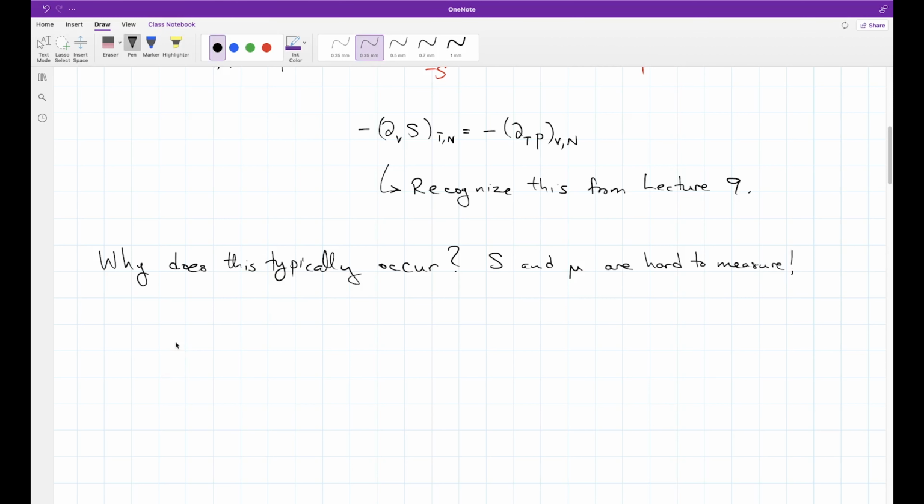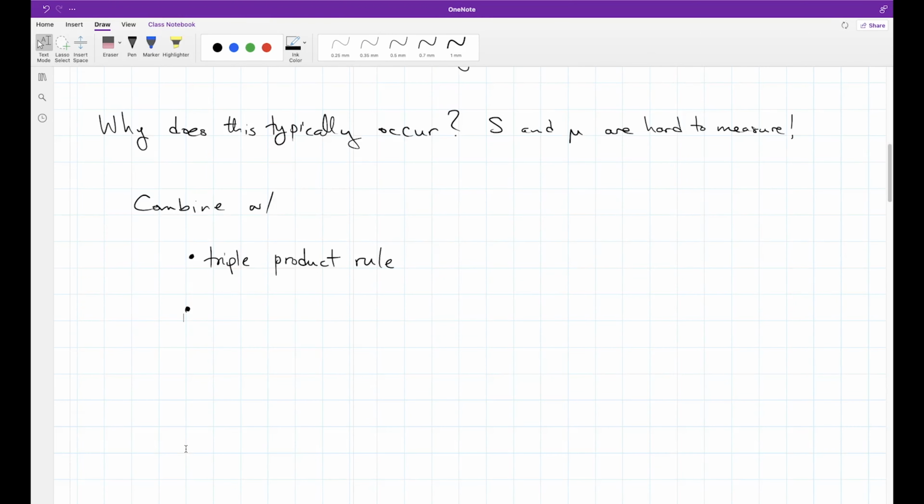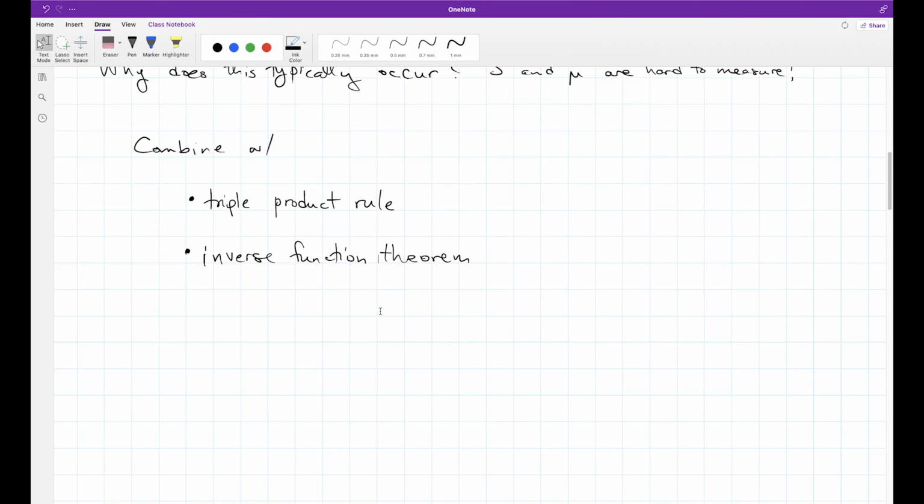Good. The key here is that we can actually also combine this with our other calculus identities. So combine this with the triple product rule and with the inverse function rule or inverse function theorem. And combining these three, we can do a lot of different manipulations.